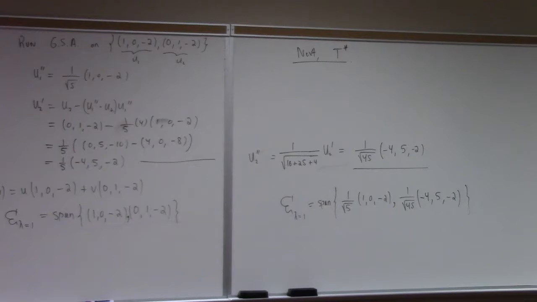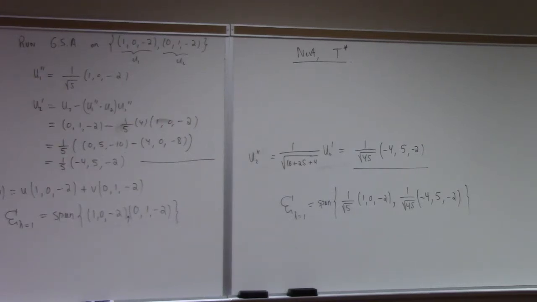For the dot product, it obviously doesn't matter whether you do U1 or U2 first. But in general, for the projection, it does matter in the complex case. We'll talk about that more when we talk about T star in a second.